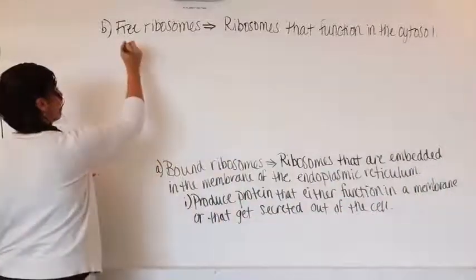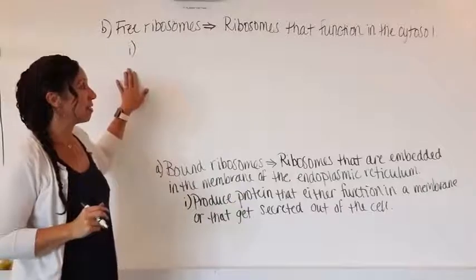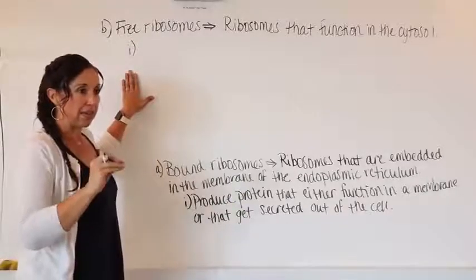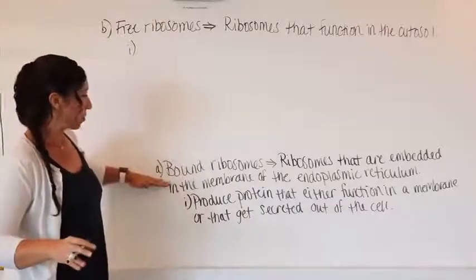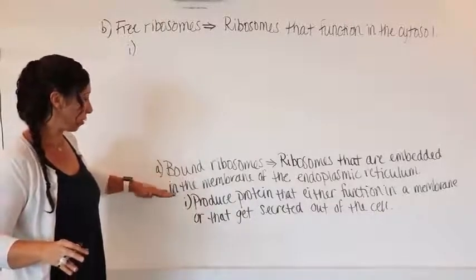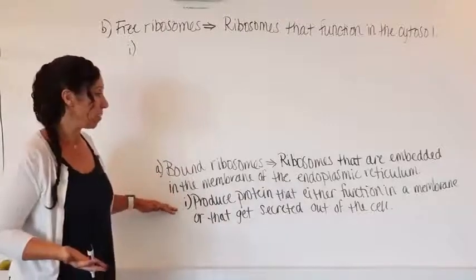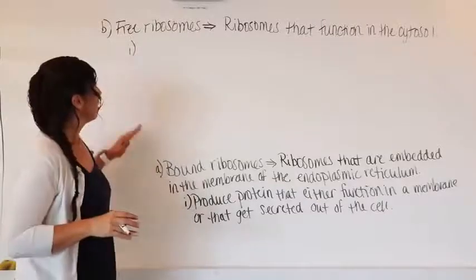Okay, now these types of proteins that get made from the free ribosomes, I want you to think about it, where you reside is where you kind of work to a certain degree. So bound ribosomes make proteins that either work in a membrane because they were made kind of bound in a membrane, or they have to be secreted out of the cell, they have to pass through a membrane.